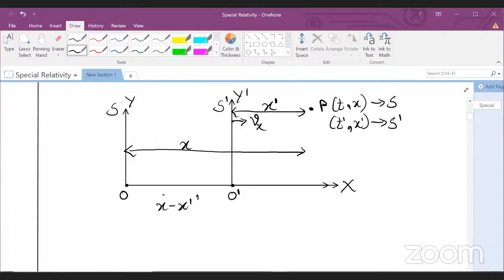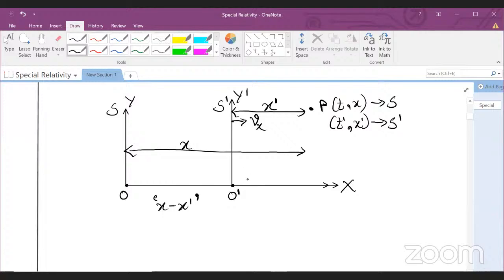So how do we relate this with velocity or time? We need an equation for this. We can say it's equal to Vx into t, right? How is that possible? Because distance equals velocity into time.